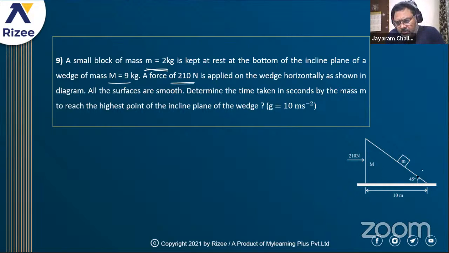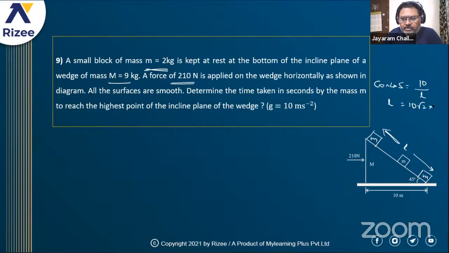So let us imagine that m is at the starting point. So he is asking what is the time taken by m to reach the top throughout this length L. So what is the distance it is traveling? cos 45 is equal to 10 by hypotenuse L. L is equal to 10 root 2, the distance it is traveling.